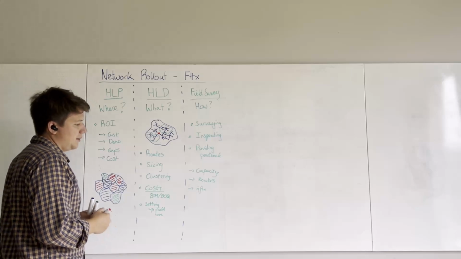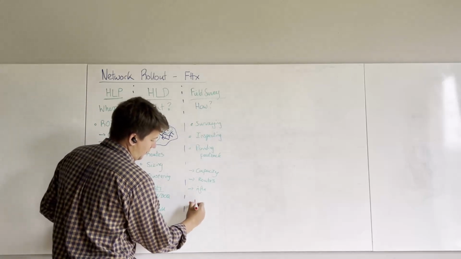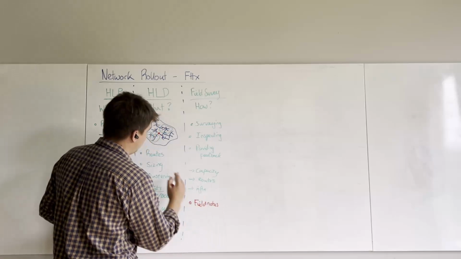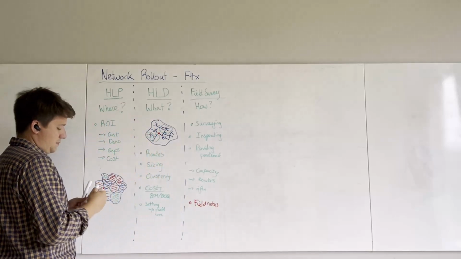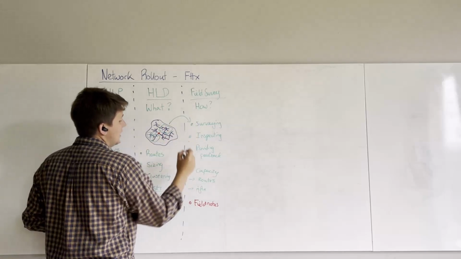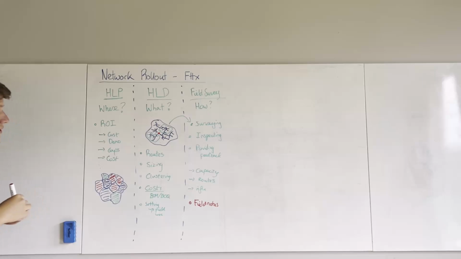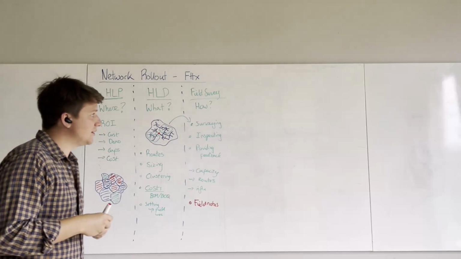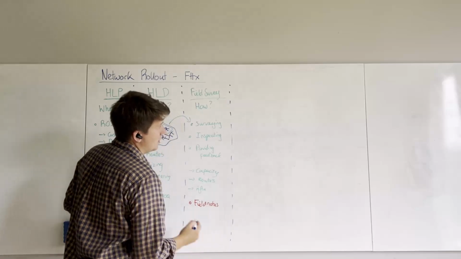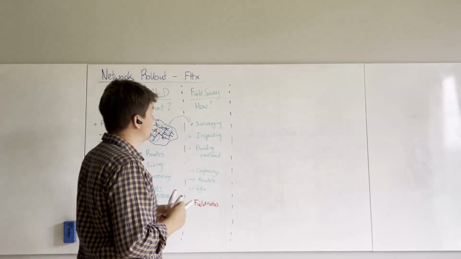Normally the way that we capture that is through field notes. So we would take this data here, pass it across to the field survey team, and they would create field notes on that. Based on those field notes, we go to the next stage, which is low-level design.